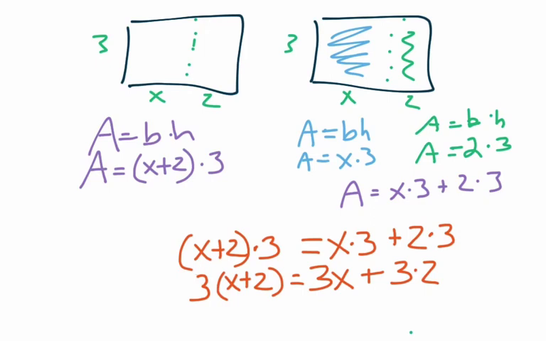So let's go right into the nuts and bolts of the distributive property. It looks like this. If you have some number or variable multiplying something in the parentheses, that is the same as if you took what was on the outside and multiplied it by each thing individually.